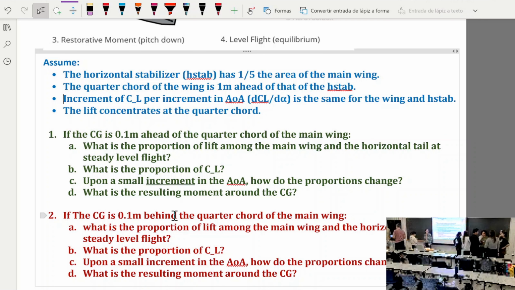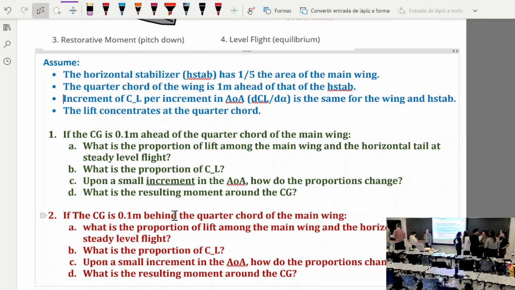So you are going to get a total force upwards. The airplane is going to be accelerated upwards, but that's linear acceleration. You also get the angular acceleration, which has to be determined by that moment. And that moment is nose down. So it's going to accelerate upwards, but nose down. Okay.